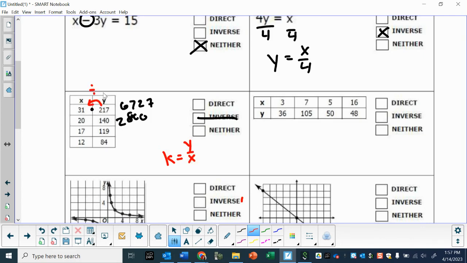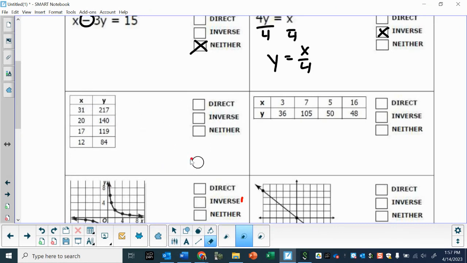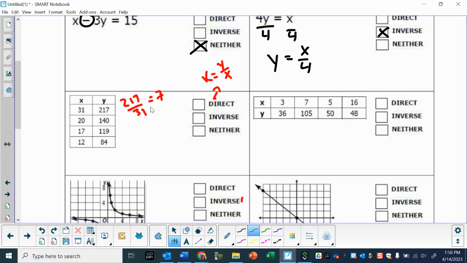So now we need to divide this way. 217 divided by 31 is 7. 140 divided by 20 is 7. 119 divided by 17 is 7. 84 divided by 12 is 7.